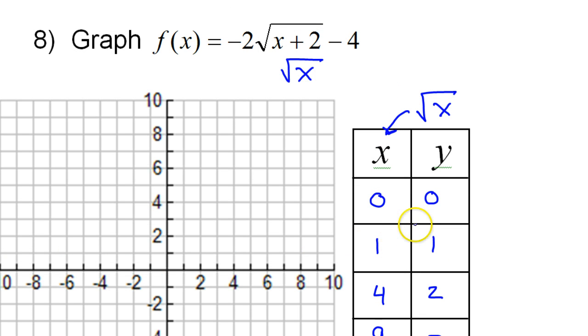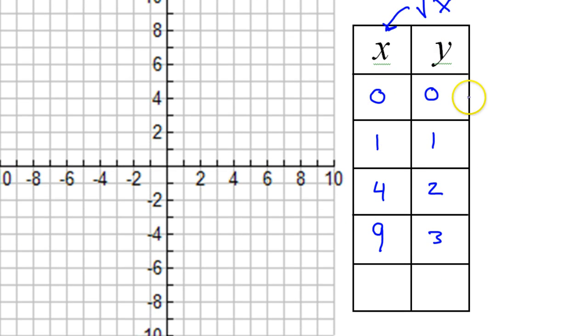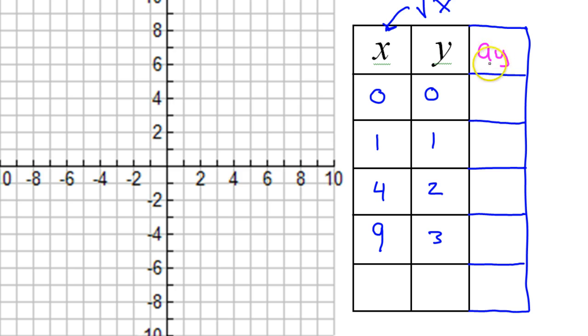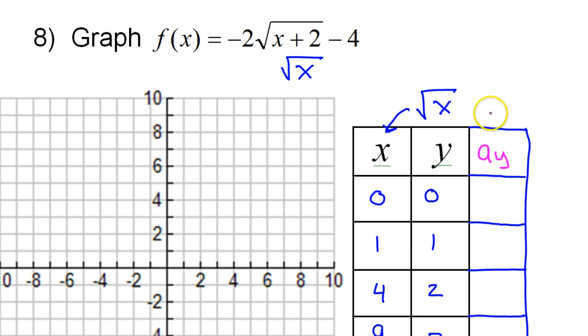Now, is this a function where we need a third column? Yes, we will do a third column anytime you have an a value here in the front like this. Okay, this -2. So let's go ahead and put a third column on this thing. The third column is our a times y column. So we will take this -2, which is our a value, and we will multiply it times all the y values.